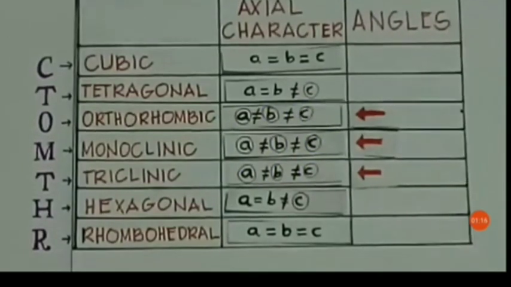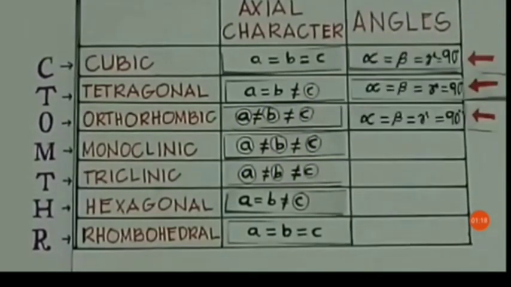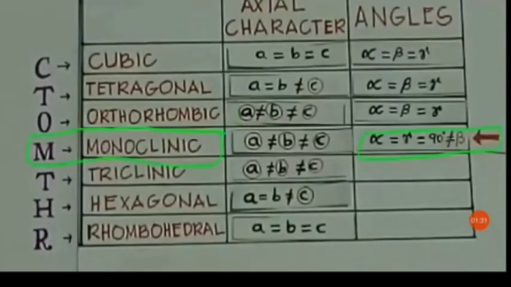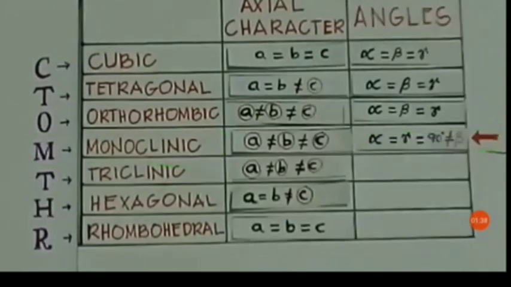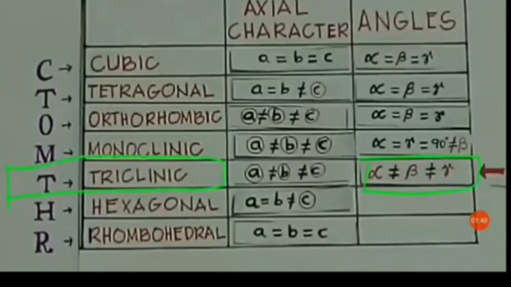Now let us check the angles. First three boxes, all the angles alpha is equal to beta is equal to gamma, which is equal to 90 degree. In monoclinic crystal system, alpha is equal to gamma, which is equal to 90 degree, but beta is not equal to 90 degree. In triclinic crystal system, alpha is not equal to beta, which is not equal to gamma, which is not equal to 90 degree.